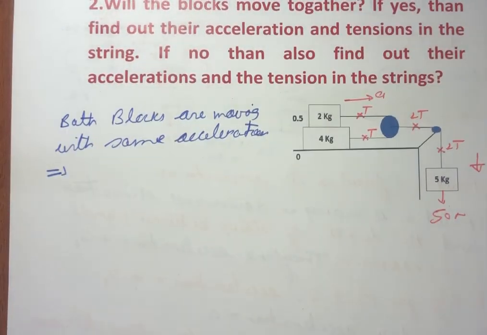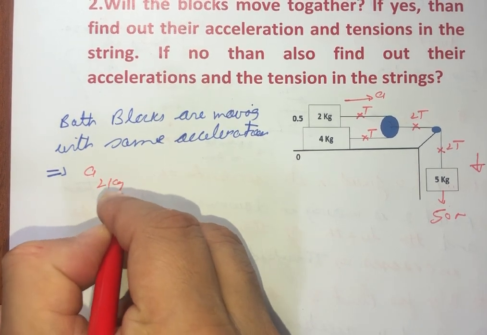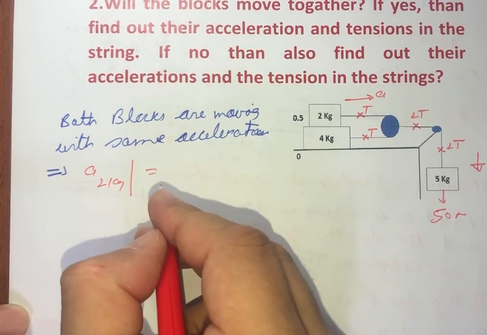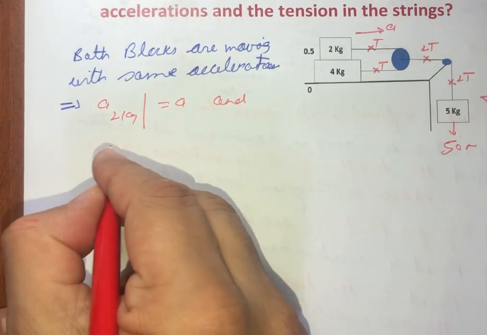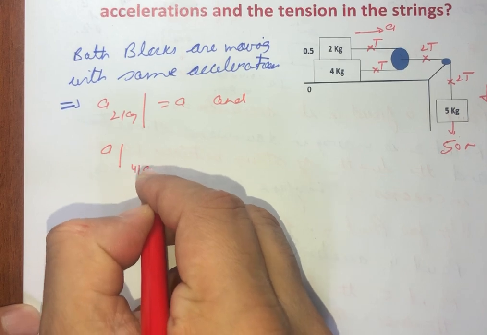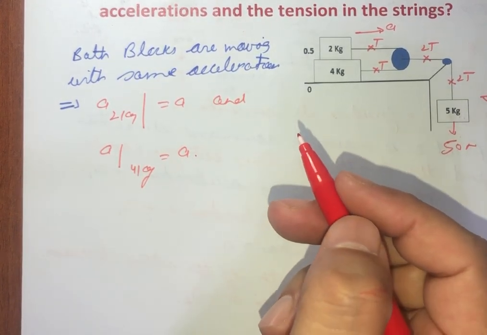Therefore, we have acceleration of 2 kg is equal to A, and acceleration of 4 kg is also equal to A.